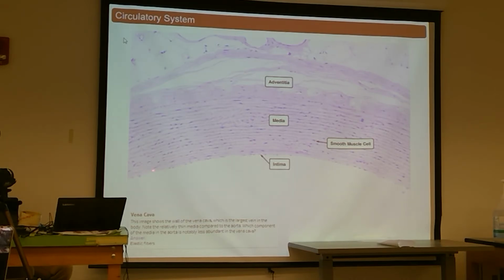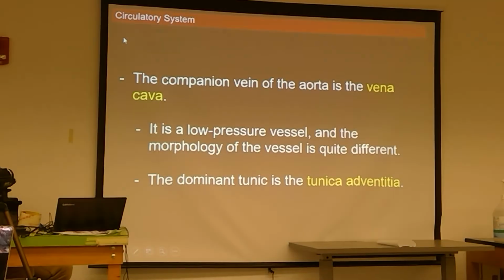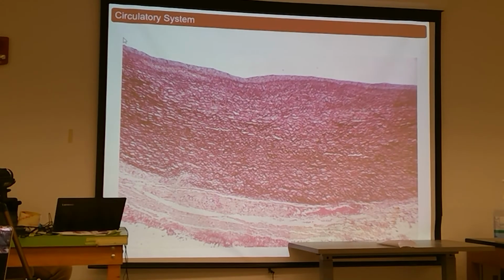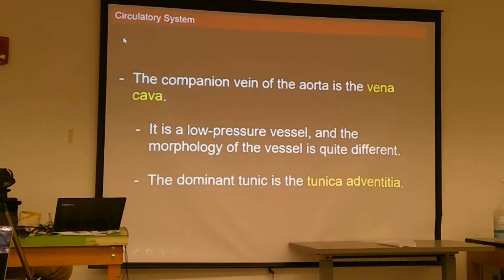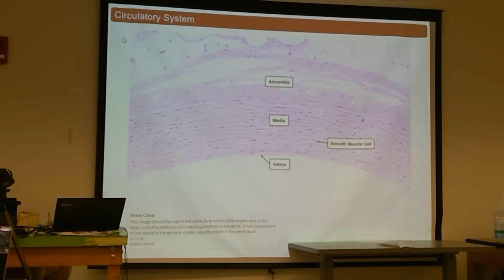You're not going to see an internal elastic lamina or an external one. You're going to see smooth muscle that's going through, but it's not as big as when we were looking here. You see how big that takes up the page. When we look here, it's a little smaller, but it does have some. And then the adventitia is going to be your thickest layer. In preparation, it kind of gets torn out, you'll see.